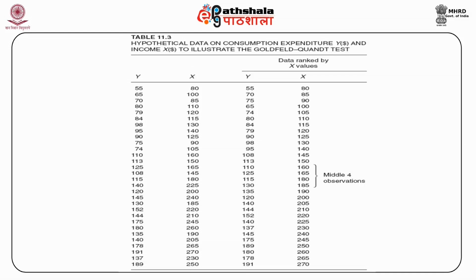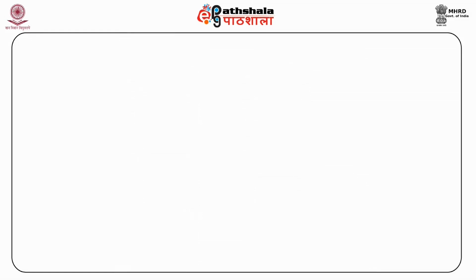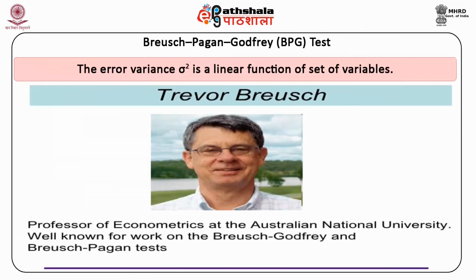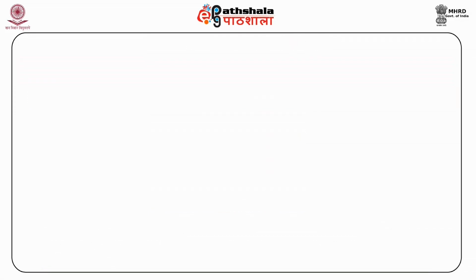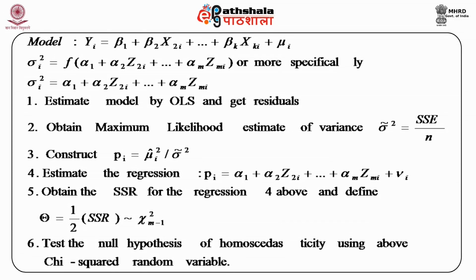The critical F value for 11 numerator and 11 denominator DF at the 5% level is 2.82. Since the estimated F value, which is equal to the gamma, is greater than the critical value, that is 2.82, we may conclude that there is heteroscedasticity in the error variance.